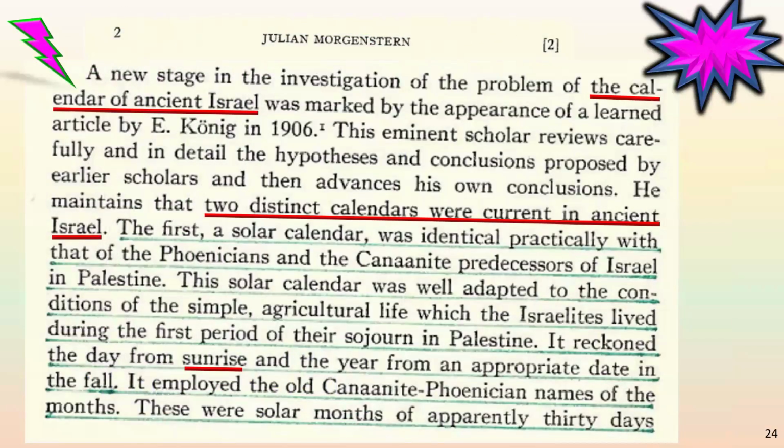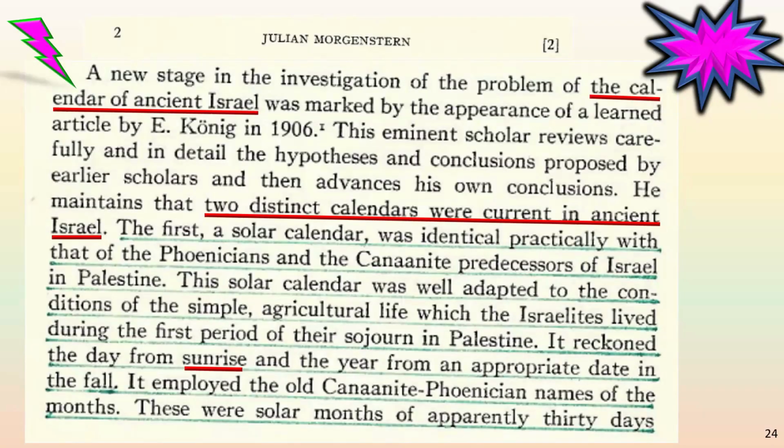A new stage in the investigation of the problem of the calendar of ancient Israel was marked by the appearance of a learned article by E. Koenig in 1906. This eminent scholar reviews carefully and in detail the hypotheses and conclusions proposed by earlier scholars, and then he advances his own conclusions.